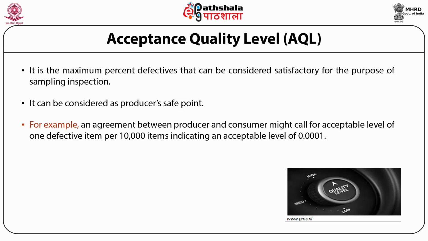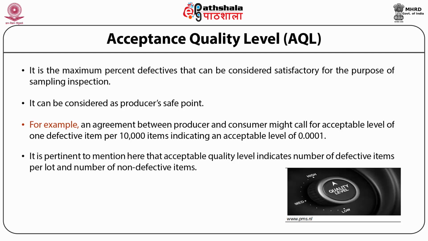For example, an agreement between producer and consumer might call for an acceptable level of one defective item per 10,000 items, indicating an acceptable level of 0.0001.